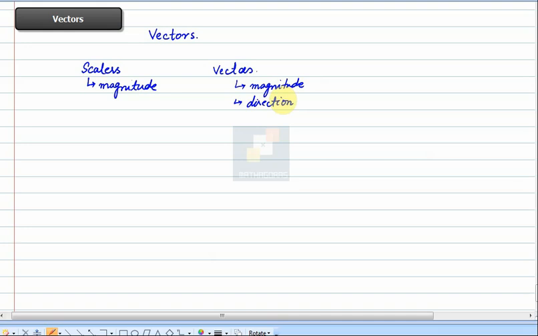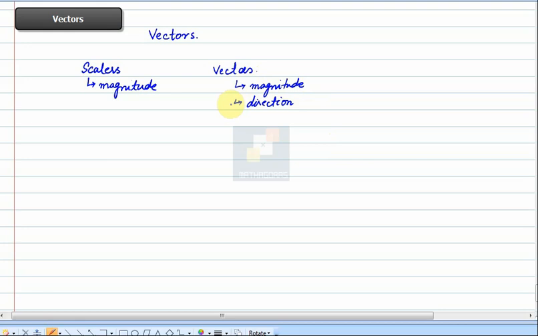Like suppose if I say move 5 kilometers, right? So the first thing you are going to ask is, should I move forward, backward, left or right? So basically this clarification will be done by the direction. Or if I say move 5 steps to the right, you are very clear where you should move now, right? So displacement is a vector quantity, it needs direction.